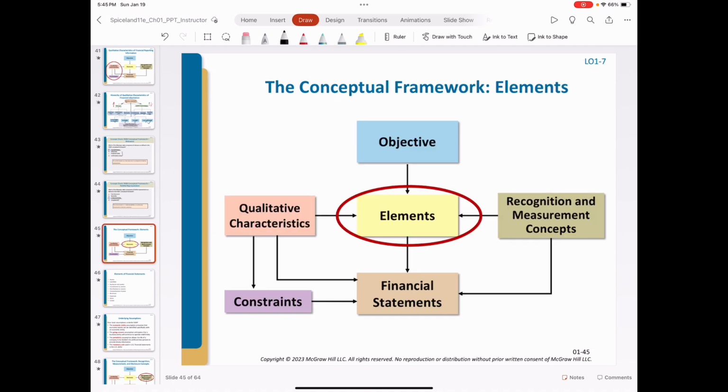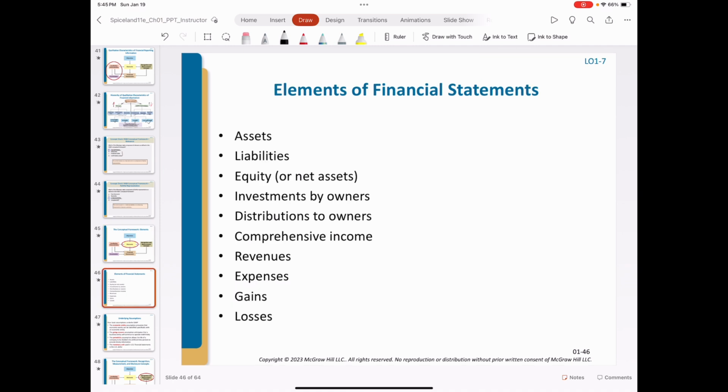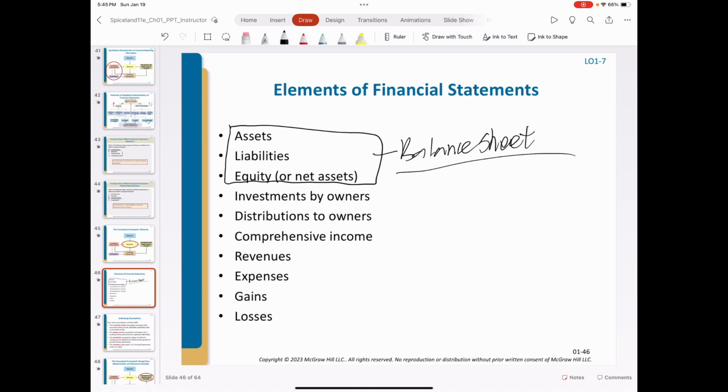The next one is elements. What elements should be reported in the financial statements? So here we have a list of elements. The first three I mentioned are elements of the balance sheet. These three elements report the company's financial position.